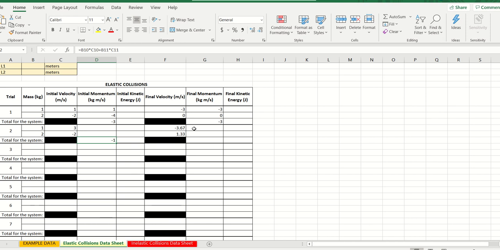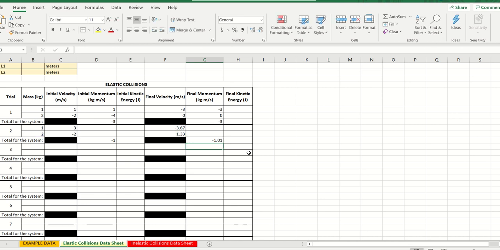And if you calculate the total momentum after the collision, that goes here, final momentum for the system, you should see that it's also equal to M1 times V1 final, 3 plus 6, 7, plus M2 times final velocity.